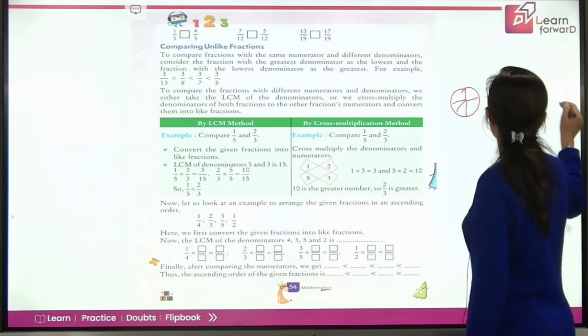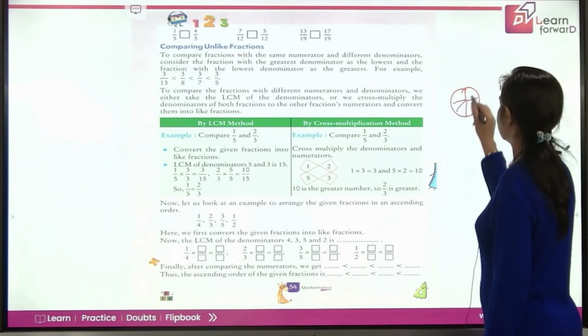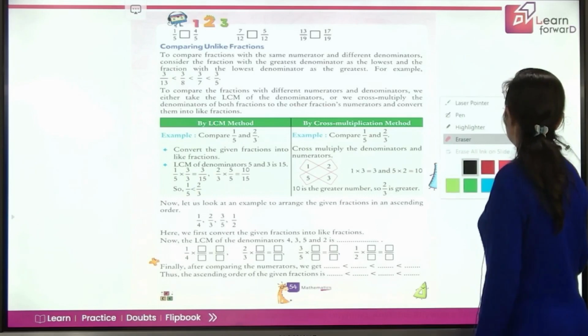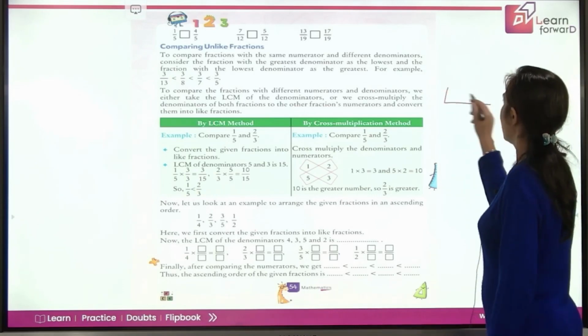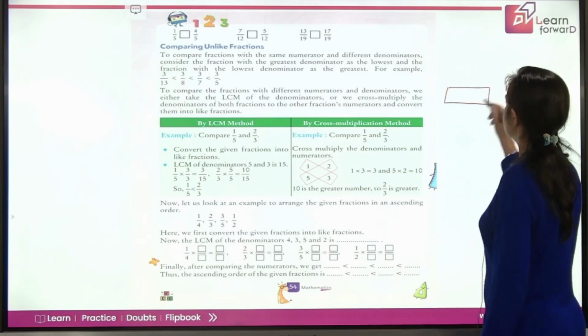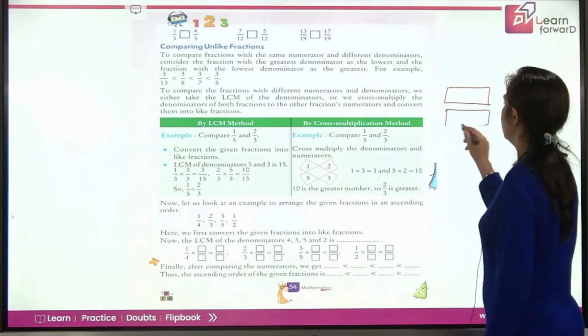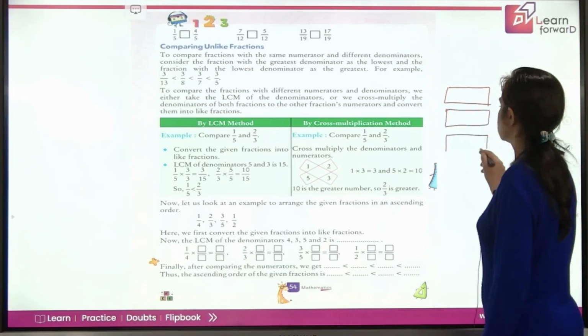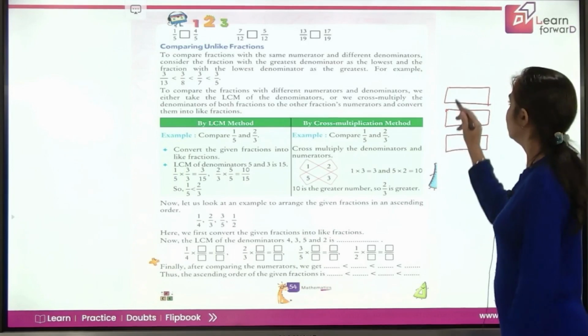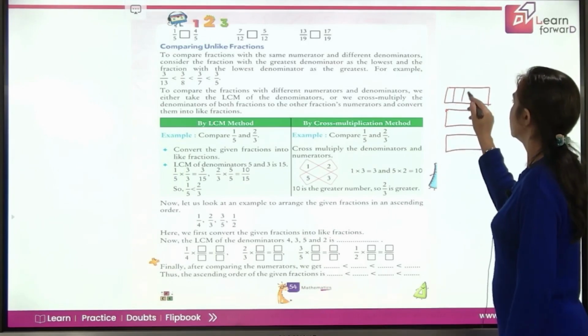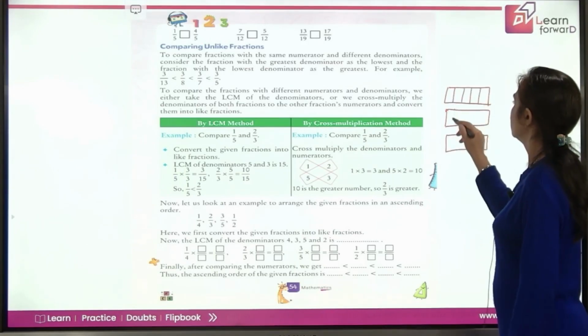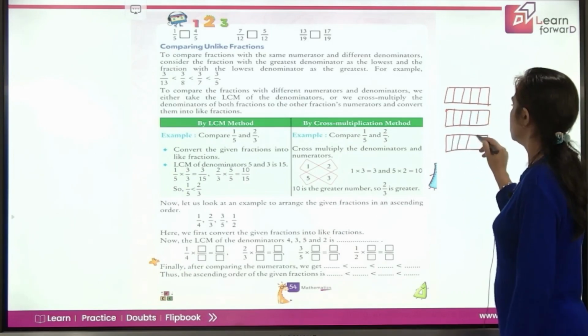Or let's draw a chocolate, that will be a good idea. If I have a chocolate here, the same chocolate slab here, the same chocolate slab here, and I divide them in equal parts, 1, 2, 3, 4, 5, 1, 2, 3, 4, 5, 1, 2, 3, 4, 5.